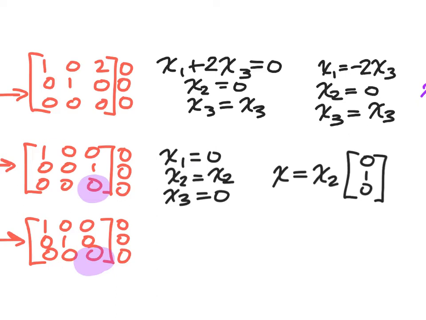X3 is going to be equal to 0 because in this entry here, I just wrote it out of order, but in this entry here, because there's no pivot in the second column, there is no x2 equals, so it must be x2 equals x2, with this one being the x3 that's equal to 0.